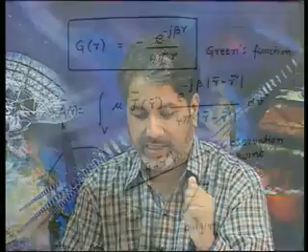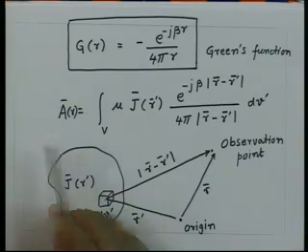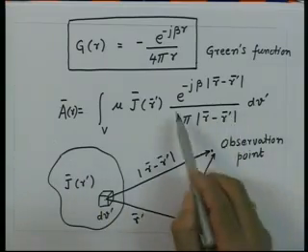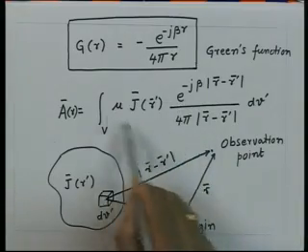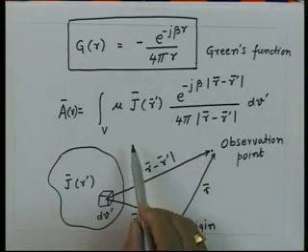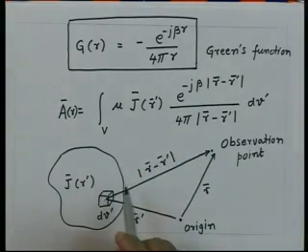Then, using the simple convolution property, we got the magnetic vector potential at some location r, which is the convolution of the Green's function and the source distribution, the driving function, which is minus mu times j.